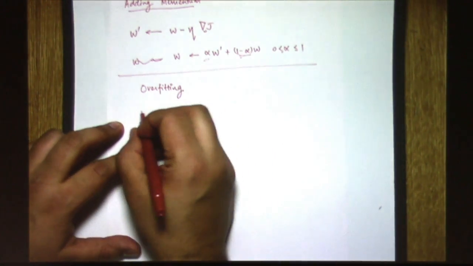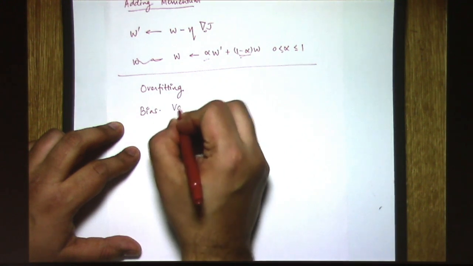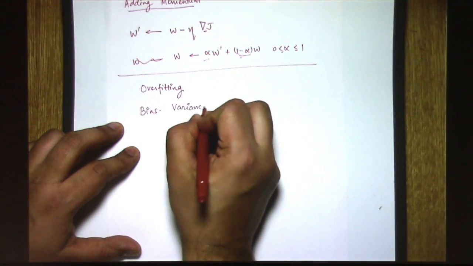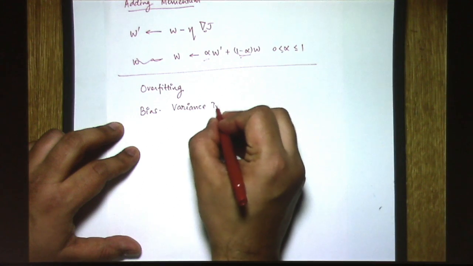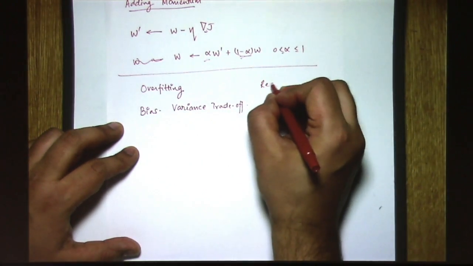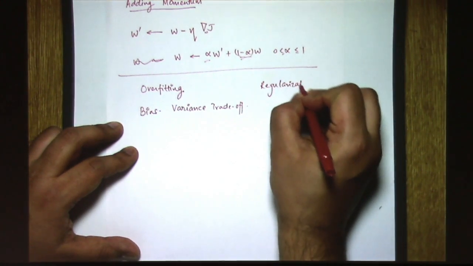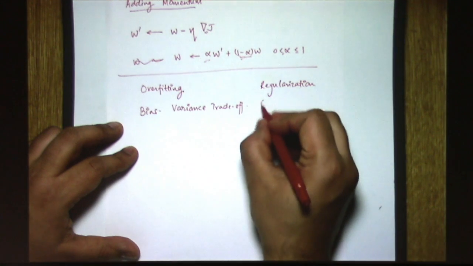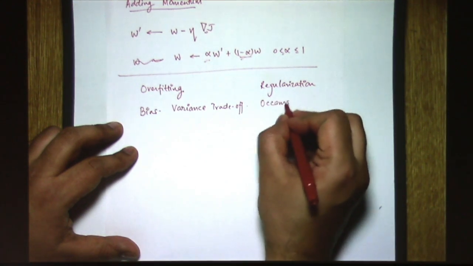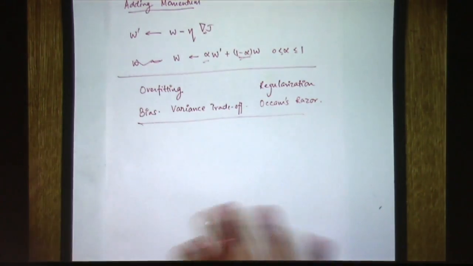You will see the bias variance trade-off. You will see regularization as a solution to prevent overfitting. And then you'll also see the principle of Occam's razor.